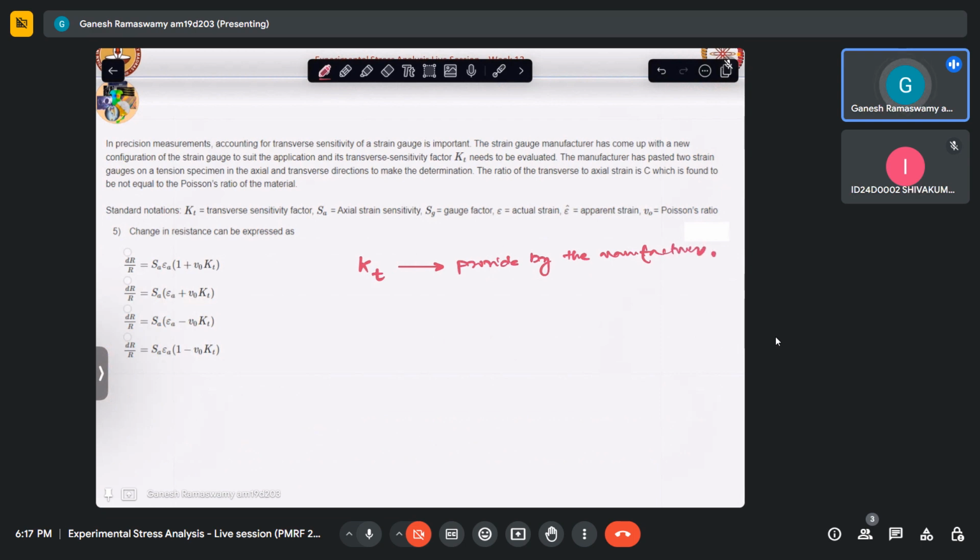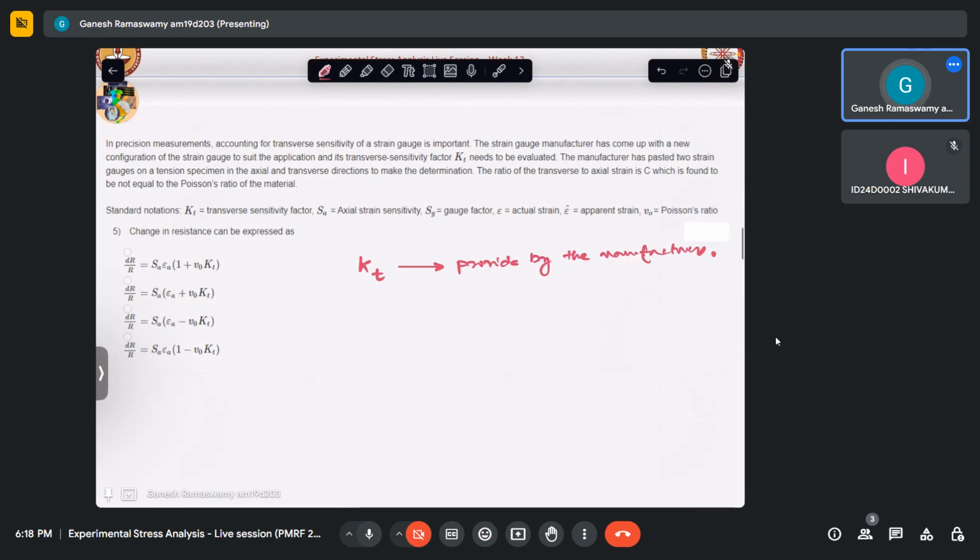So they have come up with a new configuration of the strain gauge to suit some application, and Kt needs to be evaluated. The manufacturer has pasted two strain gauges on a tension specimen in the axial and transverse direction to make the determination. Okay.